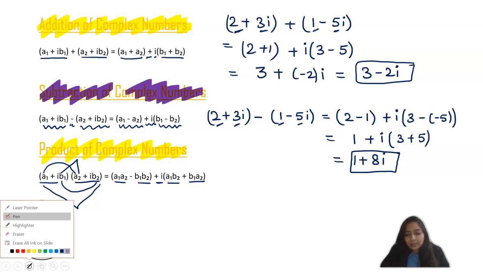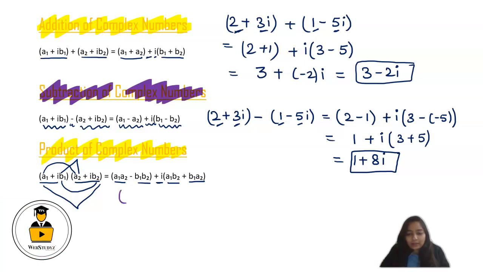Taking an example, if we find the product of 2 plus 3 iota with 1 minus 5 iota, this is equal to, we will multiply the real part 2 with the real part 1. Here we have 2 multiplied by 1, that is 2. Then minus 3 multiplied by minus 5, that is minus minus 15. Then we have plus iota.